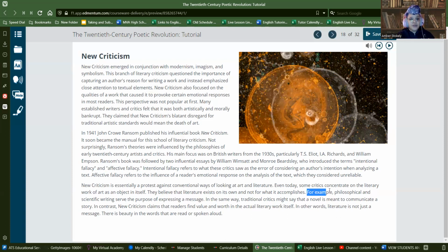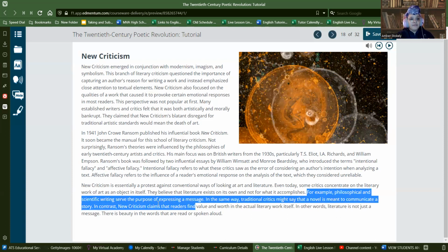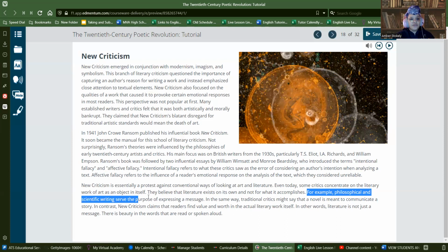So it says, for example, philosophical, so that means about how people think, and scientific writing serve the purpose of expressing a message. So usually if you're writing about how people think, or if you're writing about science, you're actually trying to tell people something, like we've done research and this is what we're trying to let you know. We're trying to tell you what the research has said.